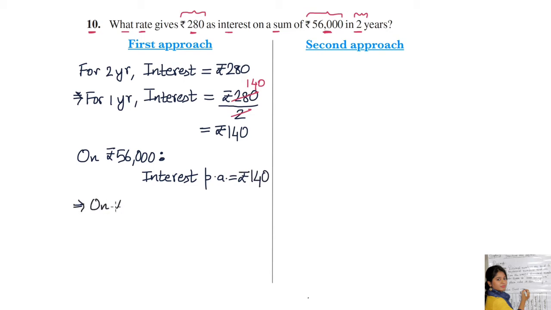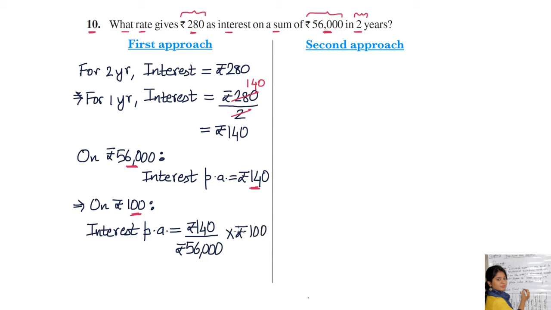So now on rupees 100, the interest per annum will be equal to what? That will be equal to 140 divided by 56,000 into 100. How do we use the unitary method? The 140 will be copied down and 56,000 will be written in the denominator, and the number which we need to find has to be multiplied. So rupees 100 we will write over here.